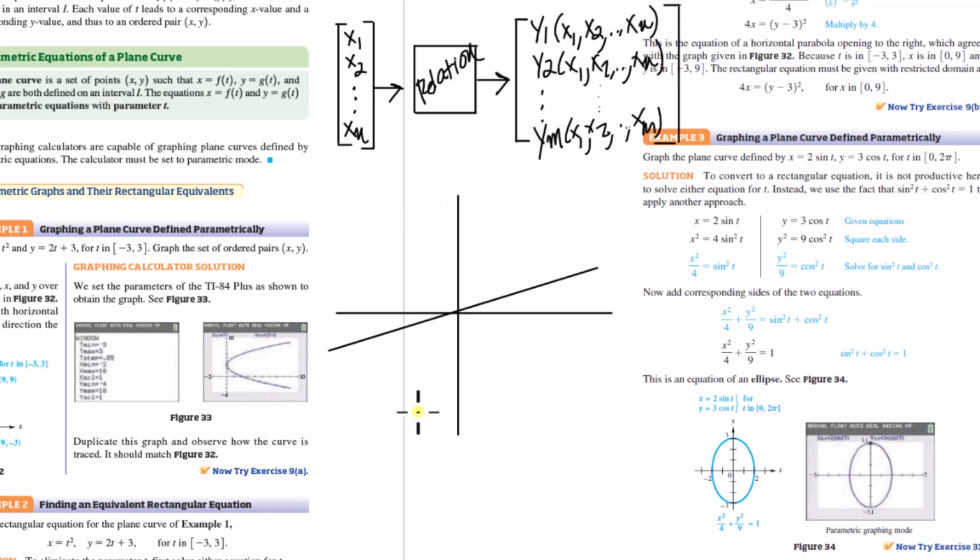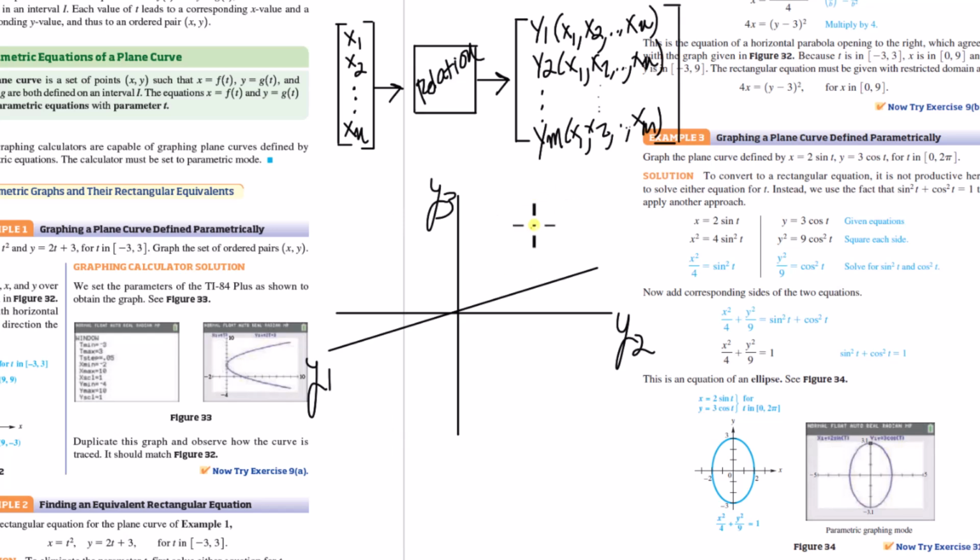That is a common application, to have actual spatial coordinates and you're tracking the trajectory of something with the input being time. That's a very common application of parametric equations, but in general, this could just be anything. Y1, Y2, Y3, and the inputs could be anything you label as a parameter.